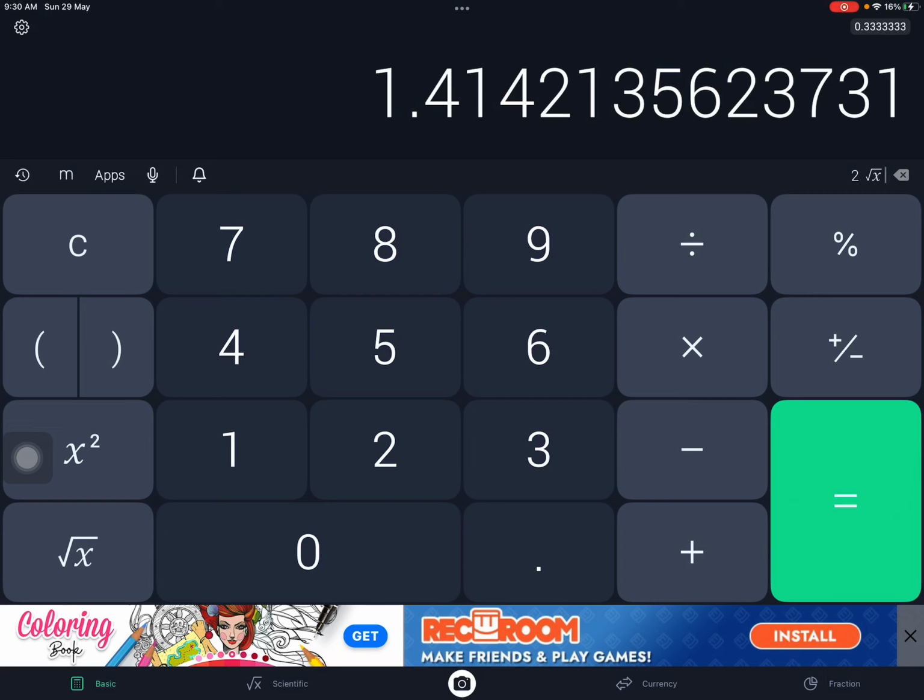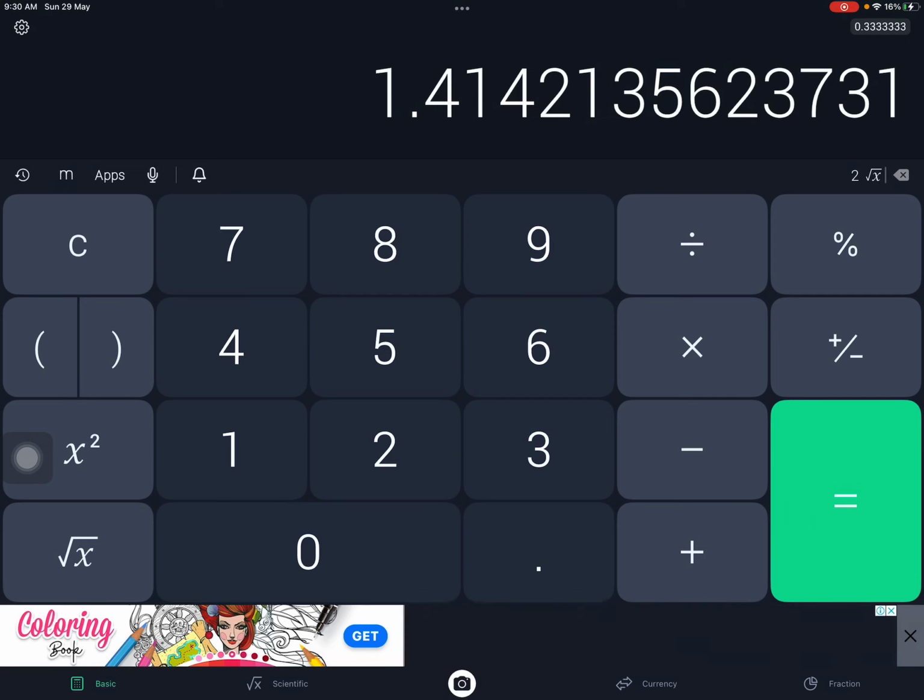So root 2 is neither terminating nor recurring, it cannot be written in P by Q form, therefore it is an irrational number. Even root 3, root 5, all these are irrational numbers.